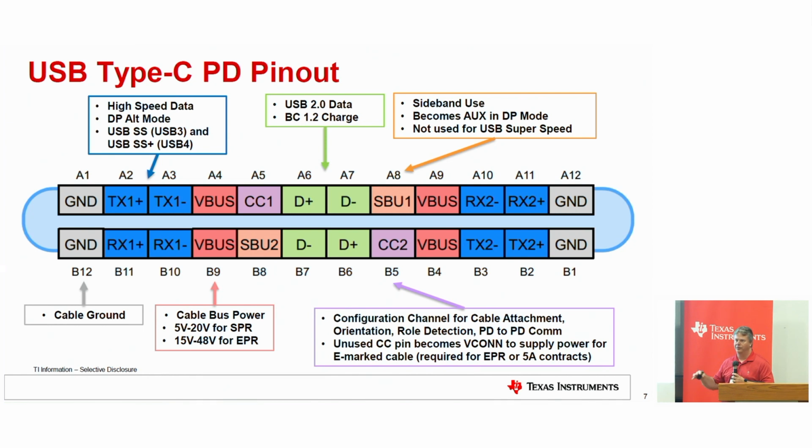Very important to the back end of the USB system working. The other lines like the TX plus and minus, RX plus and minus, those are your high-speed data lines for USB that are running through. And again, we handle the muxes on which path it's going to be running through and how many lanes are open, depending if you're going all the way up to the 40 gigabit per second.